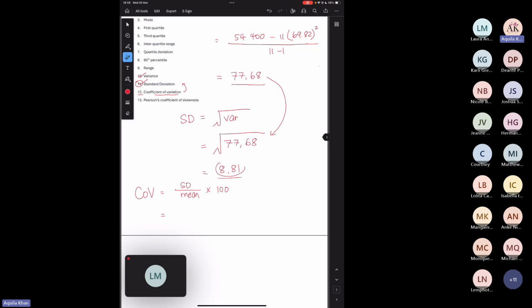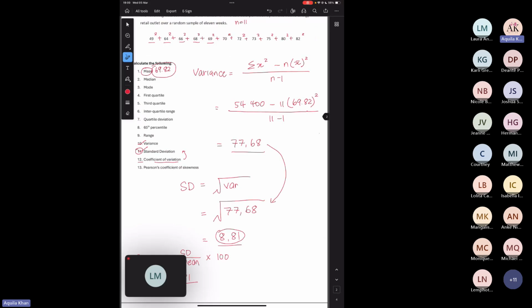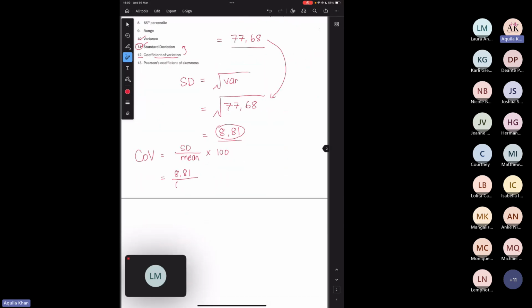So your standard deviation is what we just calculated now, 8.81, and your mean from question 1 was 69.82, and this is then multiplied by 100. So that will give you 12.62%. And again, that is your coefficient of variation. Okay, so no explanations for that one as well.